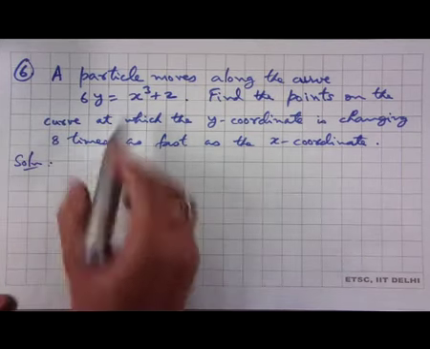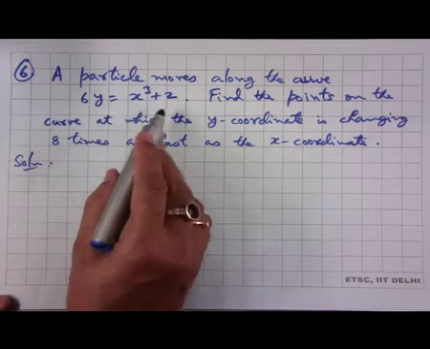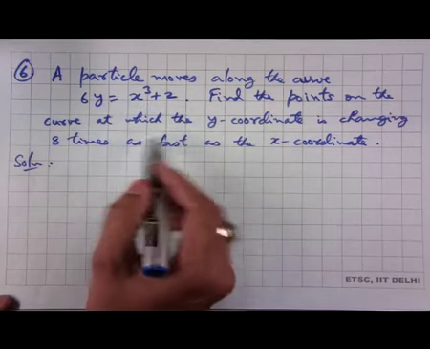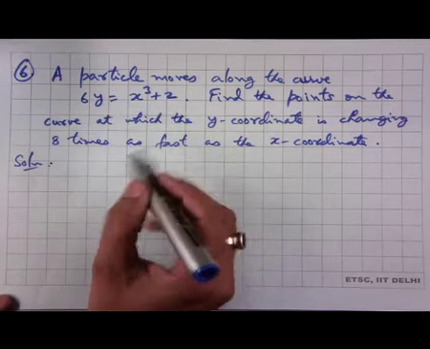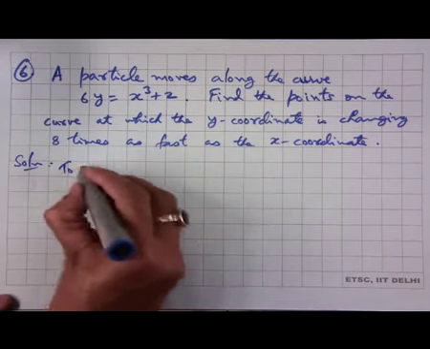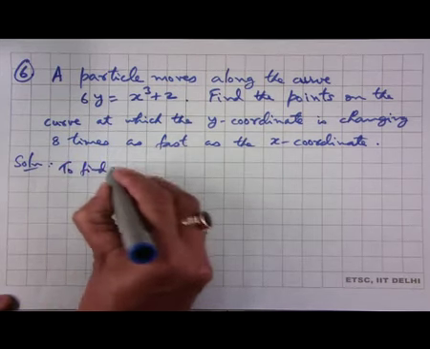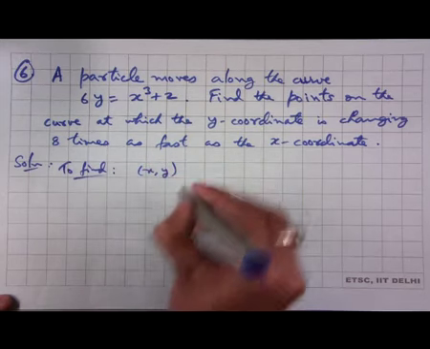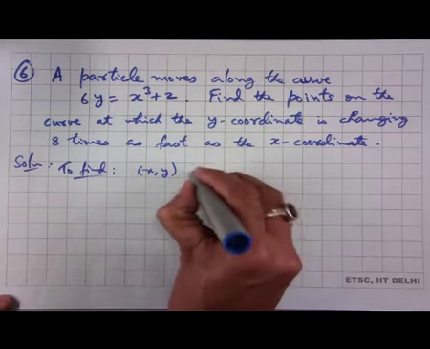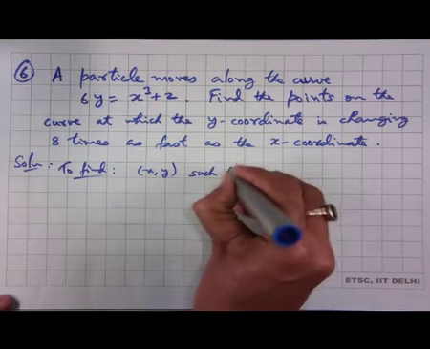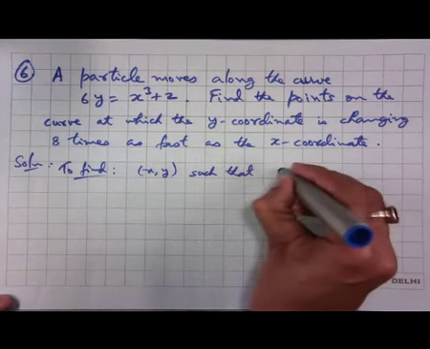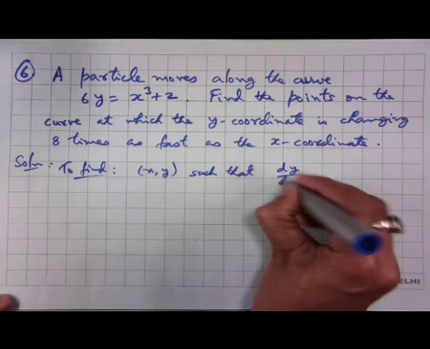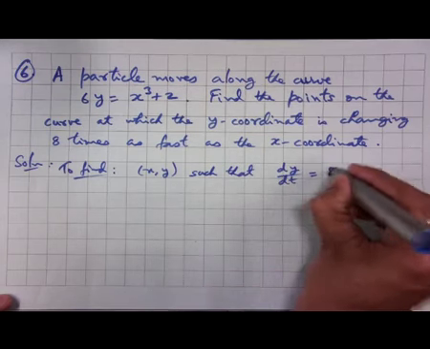So, we are given the equation of the curve and we need to find points, that is x comma y, such that dy/dt is equal to 8 times dx/dt.